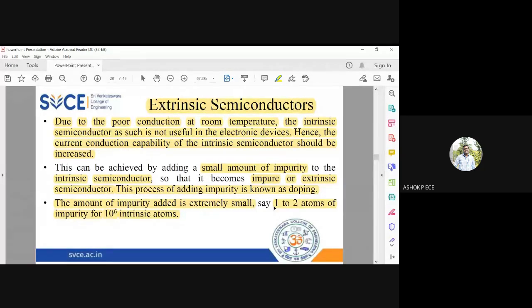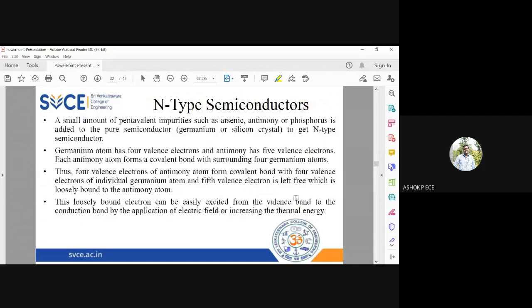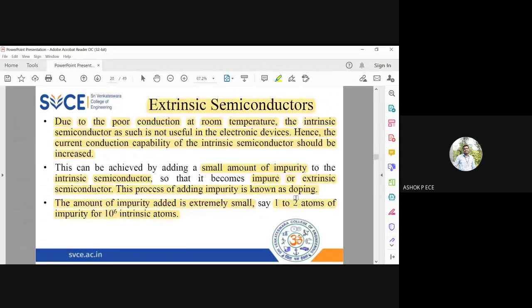I should add very small quantities of impurities. 1 to 2 atoms of impurity only for 10 power 6 intrinsic atoms of silicon or germanium. For example, if you have 10 lakh silicon atoms, I can add 1 or 2 impurity atoms. See how small the ratio is at which the impurities are added. I am adding the impurity at a very low level. And now, when I add impurity, two types of impurities are available in nature.